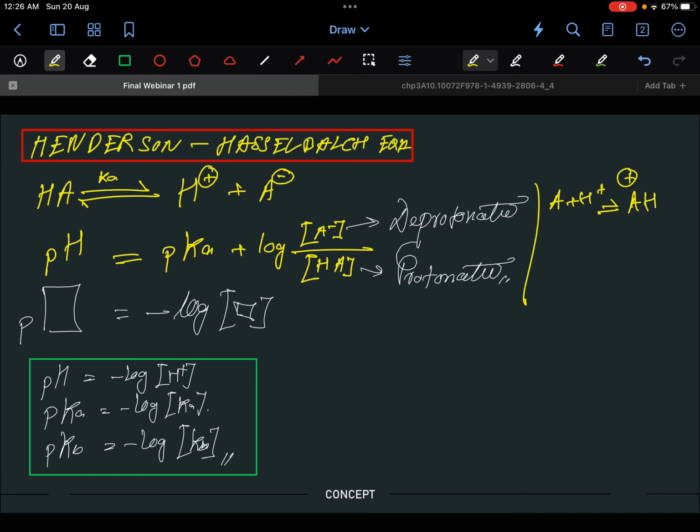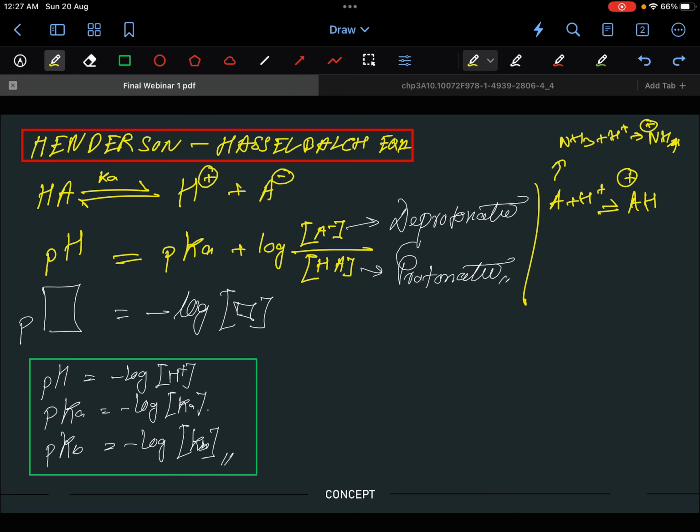You can imagine this like NH3 plus H plus gives NH4 plus. This is more biology, right? We see this reaction in many biological reactions, like in the amino group of lysine. At a certain pH, the epsilon amine group becomes NH4 plus, right?